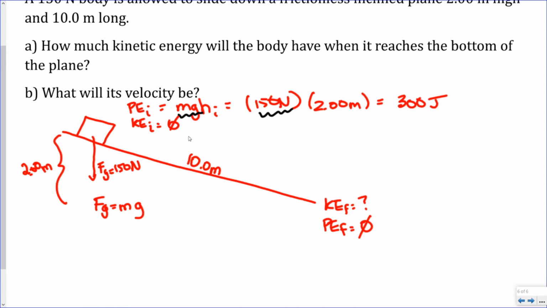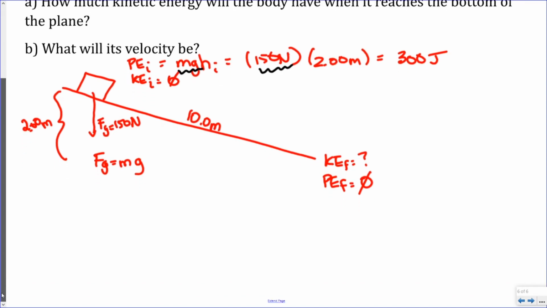So if this is frictionless, which it said it was, are we going to lose any energy due to heat? No. There's no friction, so we're not going to have any loss of energy due to friction. So we know that the net energy initial should equal the net energy final.